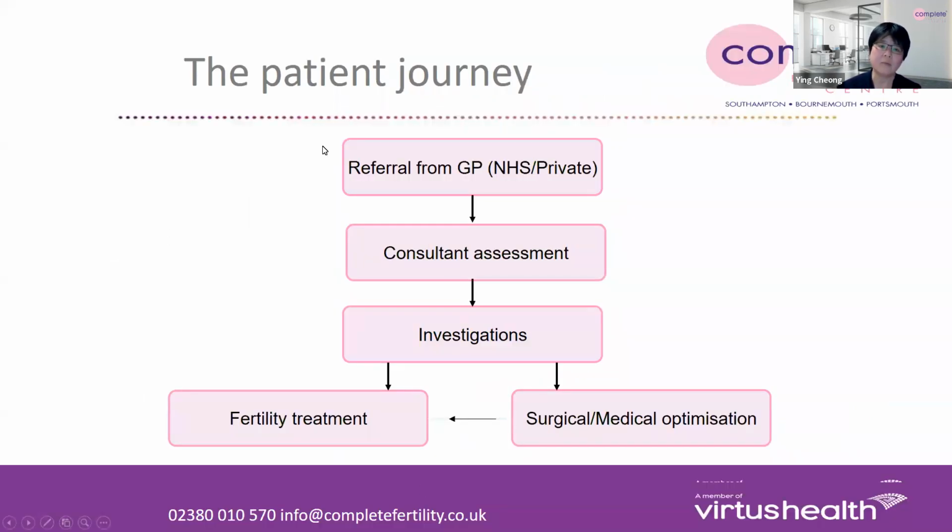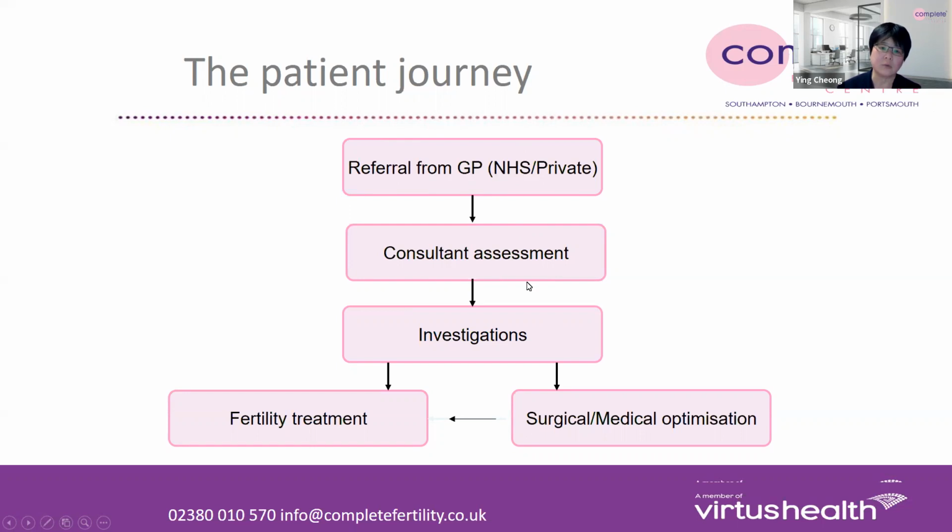Now, if you came with an endometriosis diagnosis, of course, or if you suspect you have the symptoms, you might want to get referred. Either you can come to our center, NHS or private, self-referral.